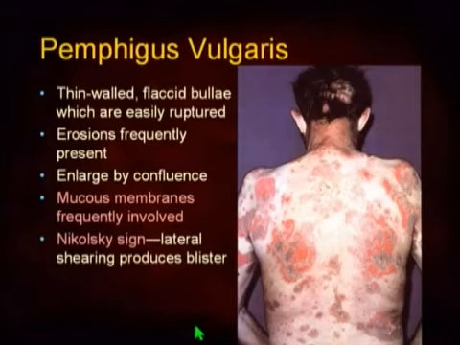Nikolsky sign refers to putting lateral shearing pressure on normal skin, and that can produce a blister as well. The reason for that is because these patients have autoantibodies affecting the desmosomes within the epidermis.